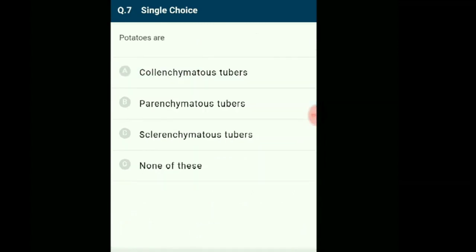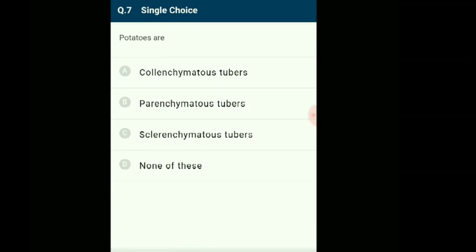Question number 7. Potatoes are. Parenchyma is the most simple and unspecialized tissue, which is concerned mainly with the vegetative activities of the plant. Parenchyma cells have different shapes and functions depending on location and the tissue in which they are present. However, all parenchyma cells always have a large central vacuole, and only chlorenchyma cells contain high chloroplast content.